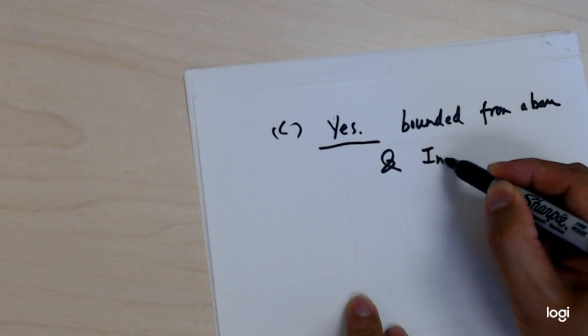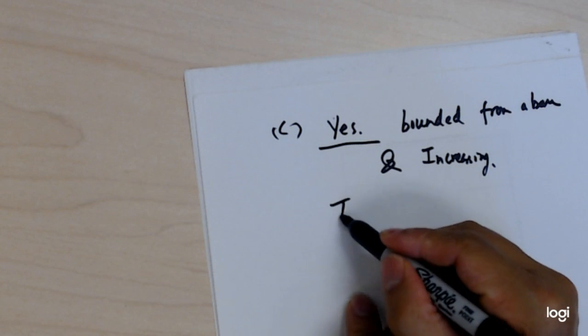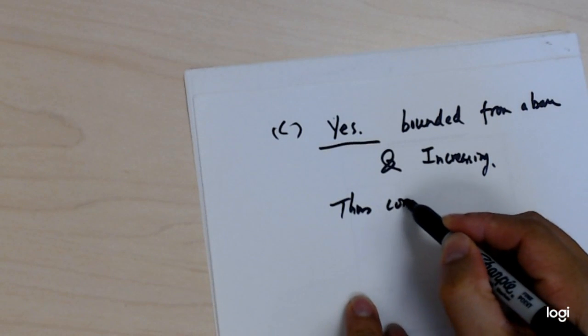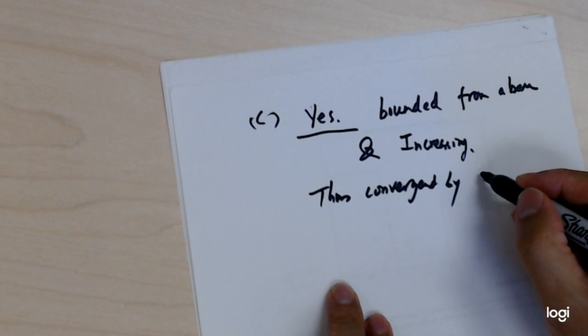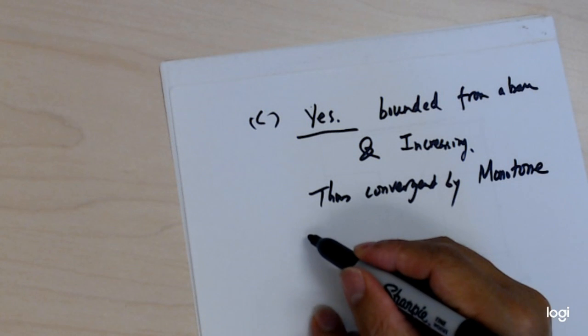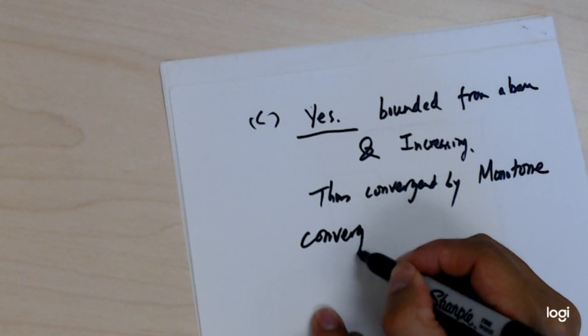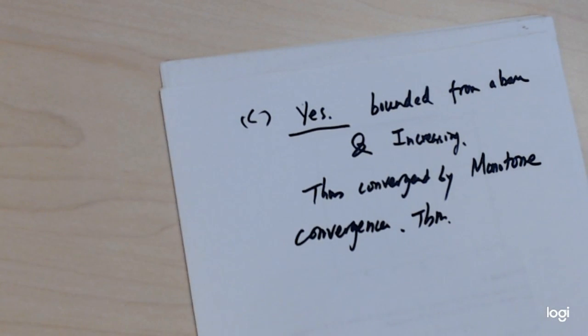Increasing. Thus convergent by the theorem we talked about, which is called monotone convergence theorem. If it's bounded from above and increasing, it'll be convergent.